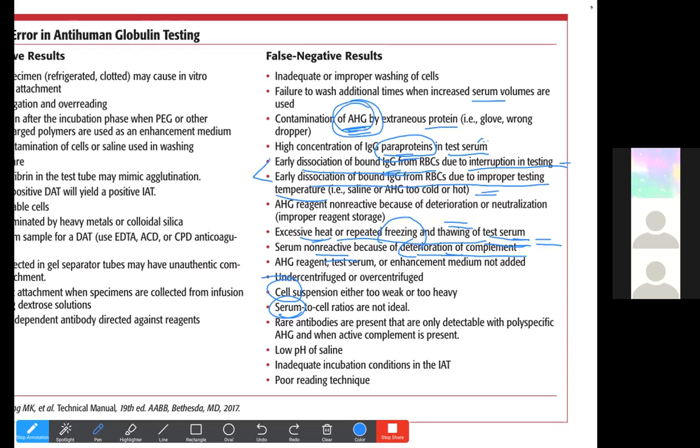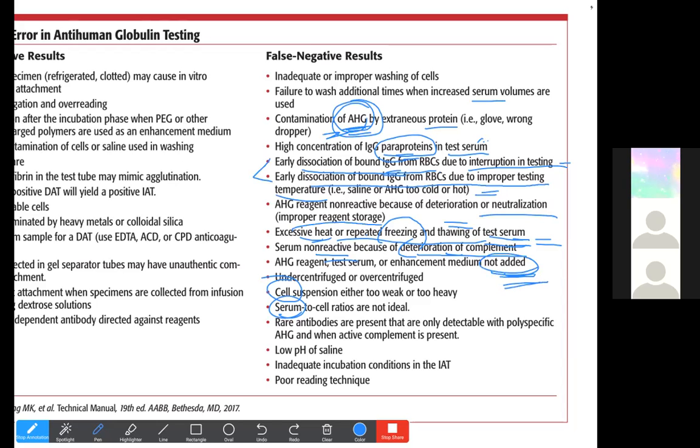For the AHG to detect it, and also if the AHG is contaminated by extraneous protein, this may lead to false negative results. Then there could be AHG reagents which are non-reactive because of deterioration or neutralization, that is improper reagent storage. And then if the AHG reagent or test serum is not added, of course, if you just miss out adding any of the reagent mixture, that may also give rise to a negative test.